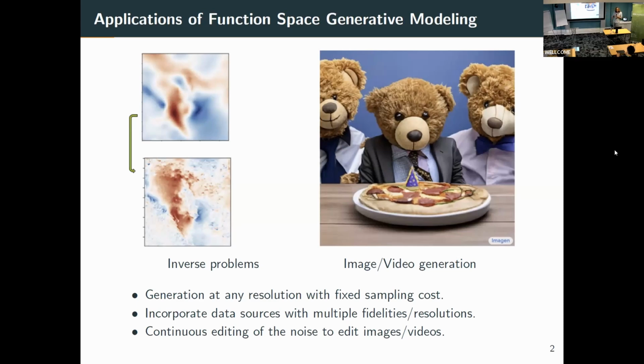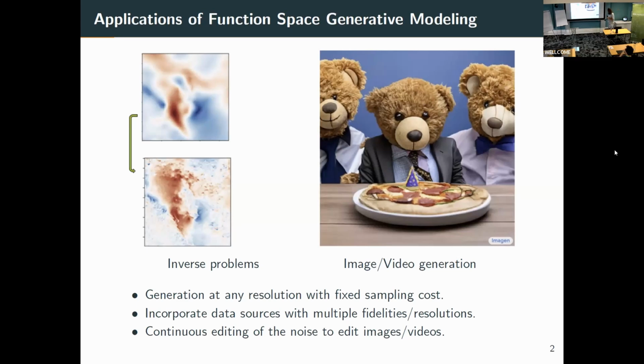So if my noise is at least a continuous function or something that I can make sense of pointwise, then I can edit that thing in this pointwise way and try to get out images which have been similarly edited. Okay, so that'll be the basic idea.